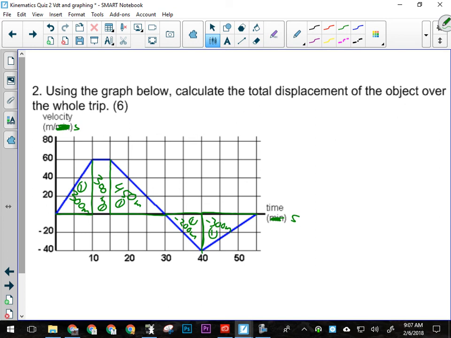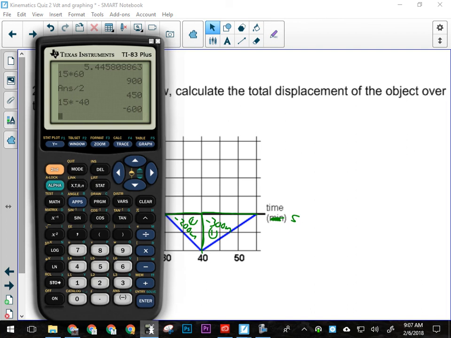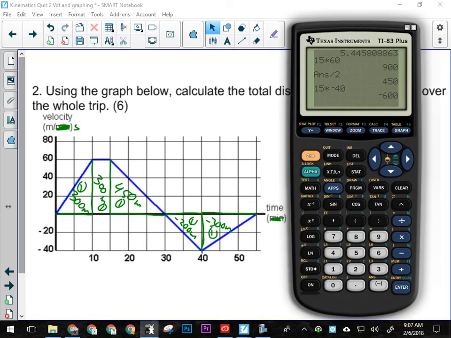Any other questions so far? What do I have to do with all those numbers? I've got to add them up, keeping the negatives negative because displacement's a vector quantity. So our total displacement for our 6th and final mark here: we're going to have 1,050 on the positive side, and we're going to be subtracting 500.